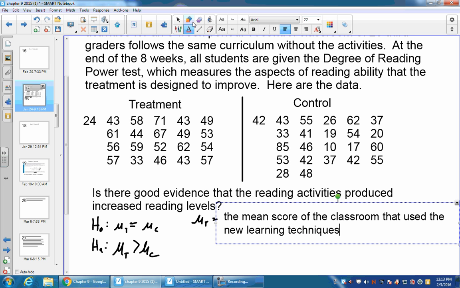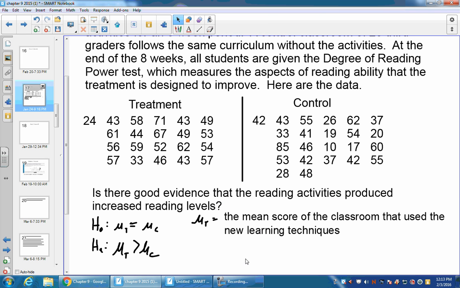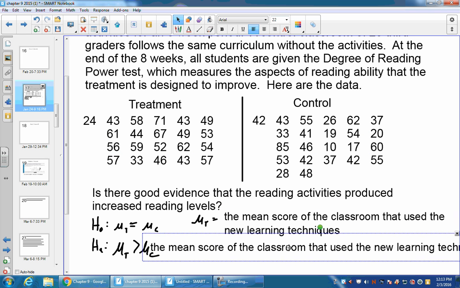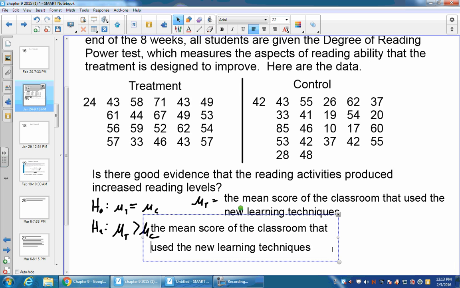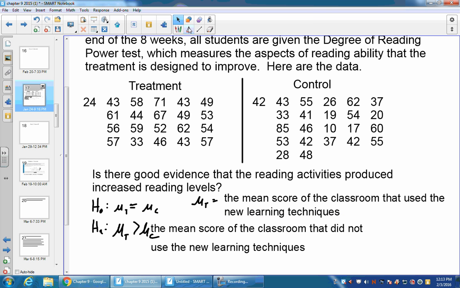Now the other one is the same thing, but they did not use those new learning techniques. That did not use. All right, so now we defined our means.